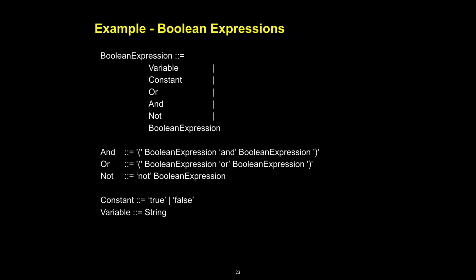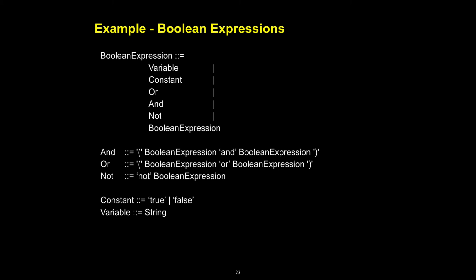And then an and is just a Boolean expression and a Boolean expression, right? And an or is just a Boolean expression or another Boolean expression. And the not is just not in a Boolean expression, right?